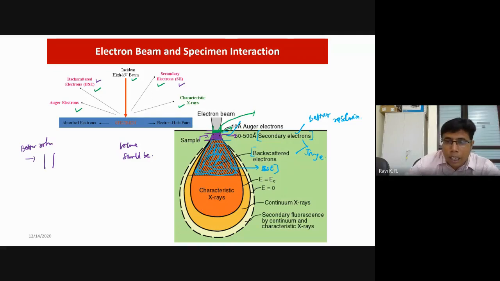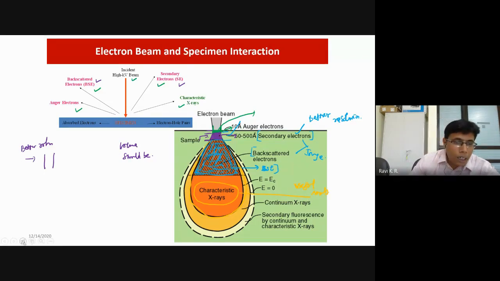So these two we use for imaging purposes. We also get X-rays, which are generated from this entire volume. These are what we call characteristic X-rays, which are very important. We'll discuss characteristic X-rays in SEM and XRD. They are useful for analysis.